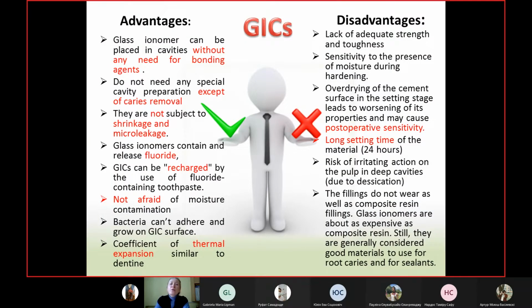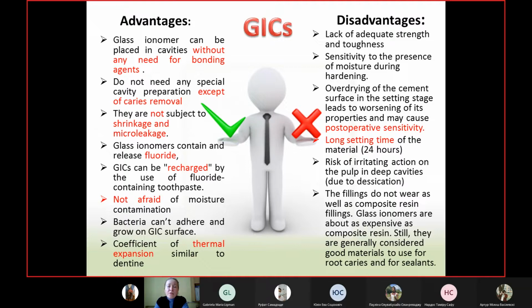And we move to advantages and disadvantages of glass ionomer cements. First of all, advantages. They are great, and here you have. First of all, due to the ion exchange mechanism of retention, there is no necessity for applying any bonding agents.